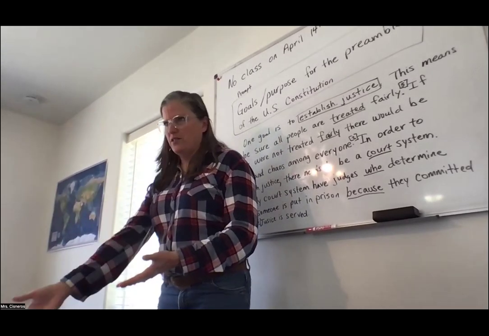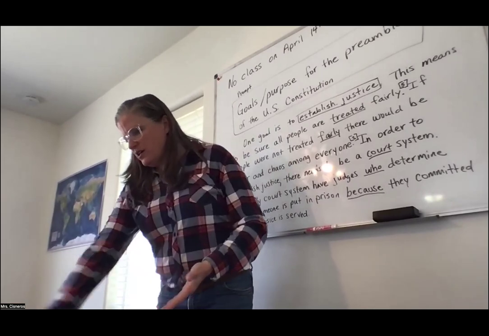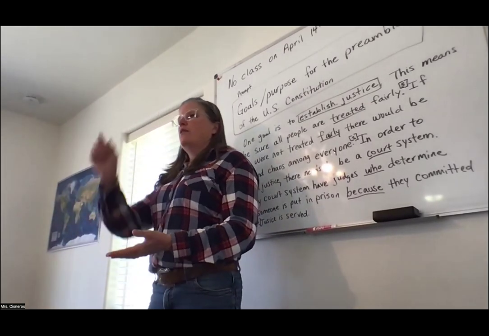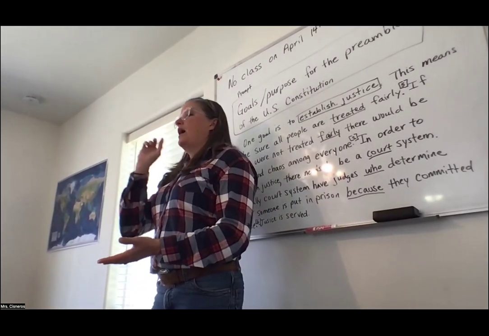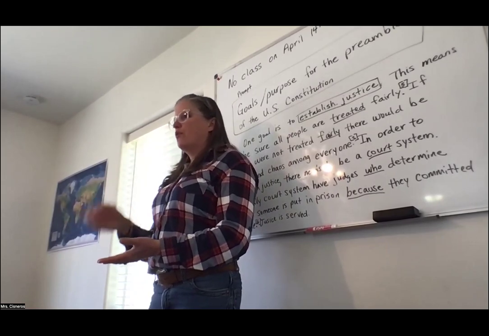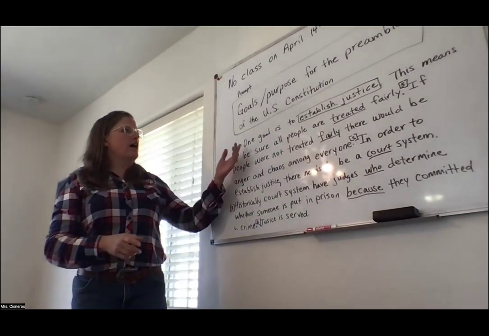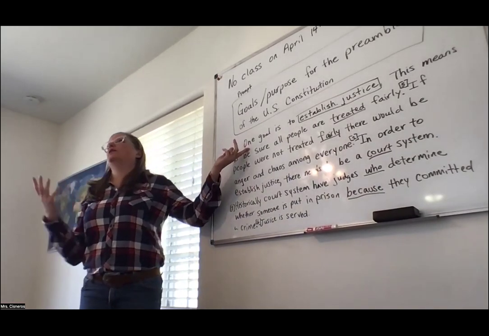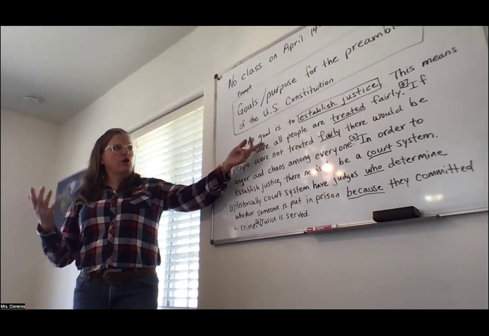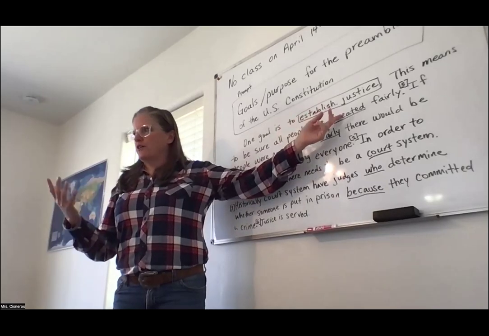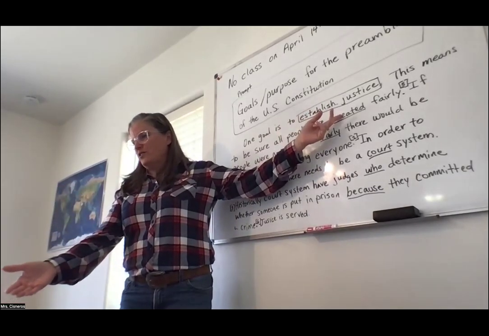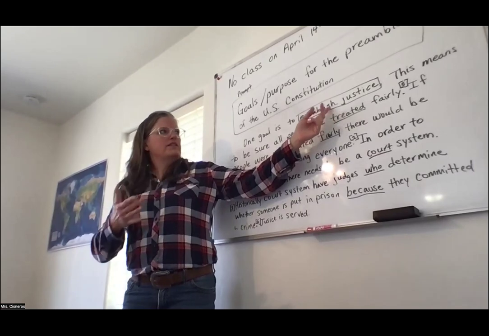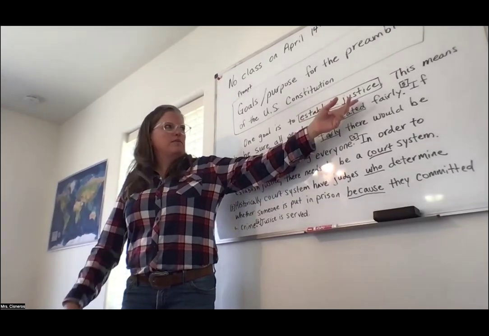So all those things on page 216 that we numbered are goals and the purpose for the Constitution. Here's how you can start a paragraph with this. A lot of you struggled with how to start a paragraph. One goal is to, and then you actually use the words from the preamble: establish justice.